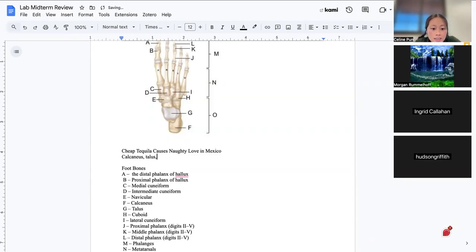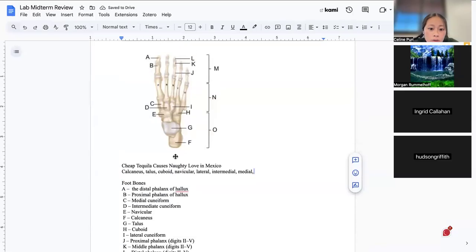Tequila, talus. Then is cuboid, navicular, and then the lateral, intermediate, and medial. Okay, so how to remember the order of bones and the names of it?